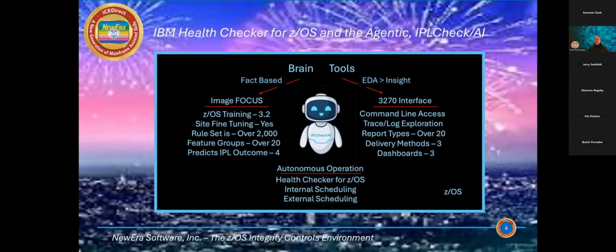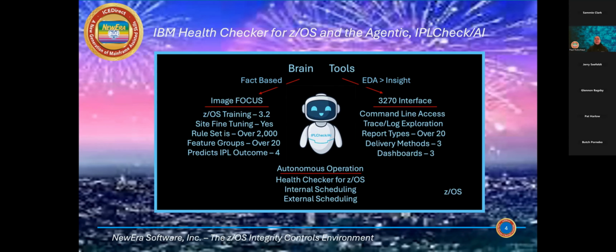It reports different types of information in reports. There are well over 20 of those. And it has a number of different delivery methods and a number of different dashboards that are intended to support its primary findings. Again, findings, exceptions, and changes.